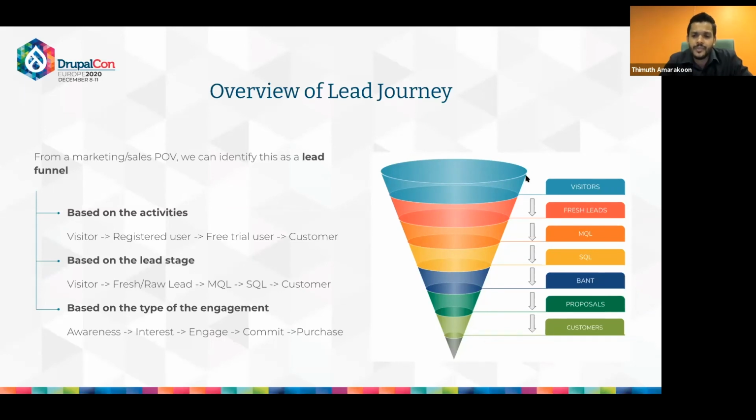So if you form this into a graphical representation, it will look like a funnel. So that's why we call this a lead funnel. And this again can depend on the leads and the interactions you are getting to your website, and maybe it depends on your business as well.